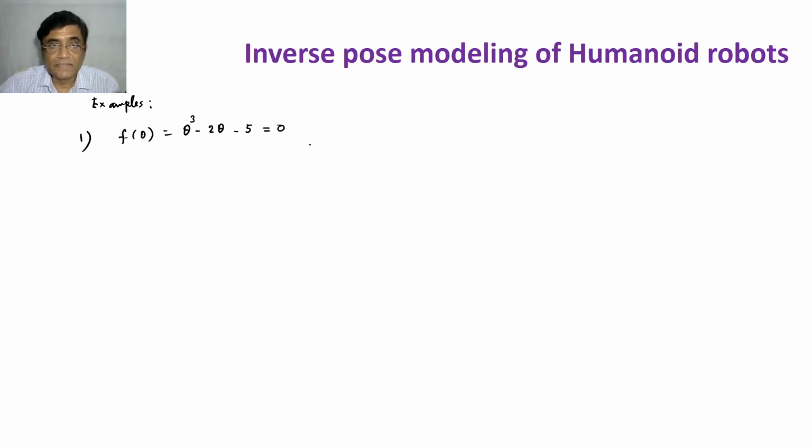So how to solve it? First you keep it aside: theta n plus 1 is assigned with earlier theta n minus f over f prime.